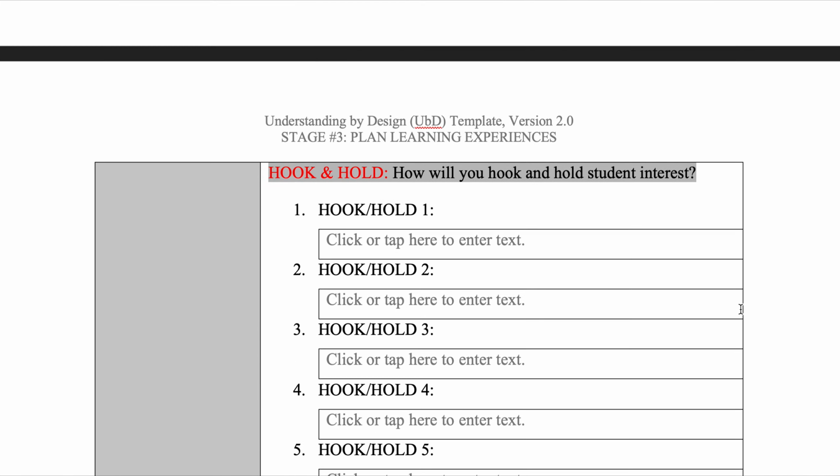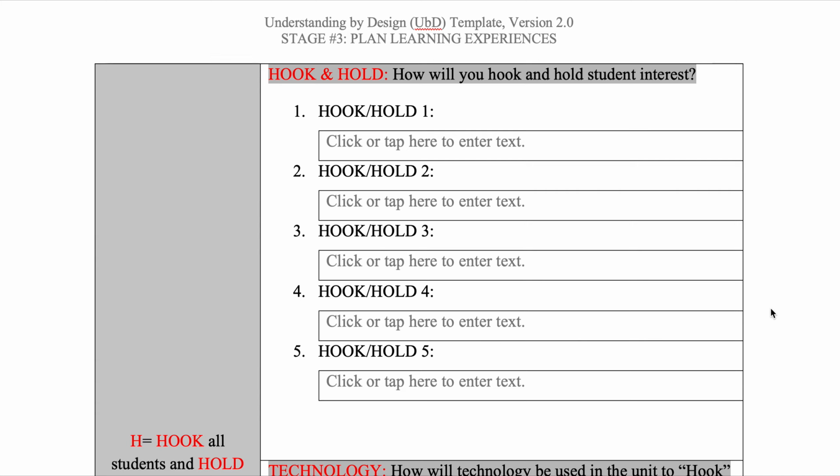The hook and hold is the next section. These are questions of how you will plan on hooking your students, and keeping and maintaining that interest. Maybe it's not a question.